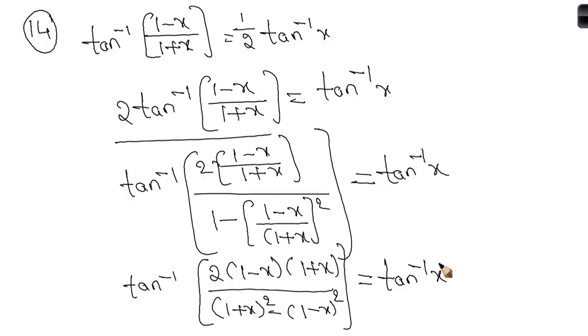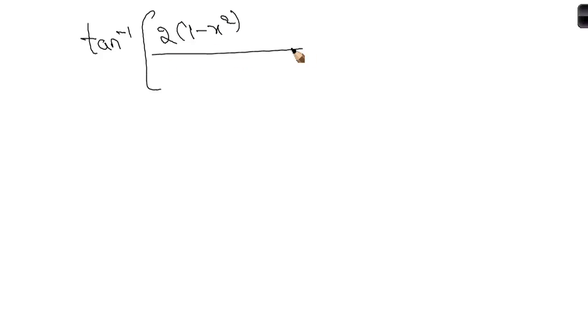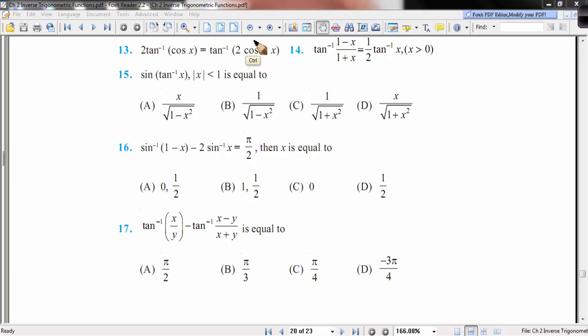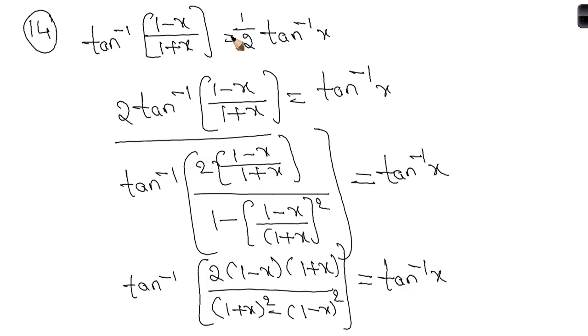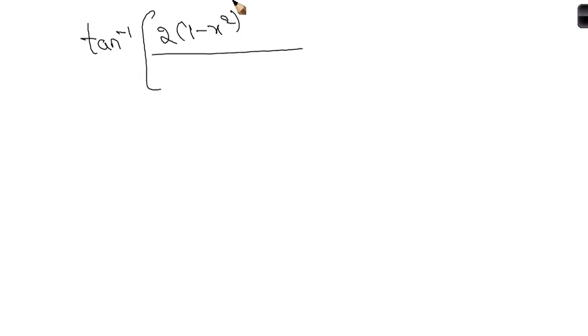So let's simplify on the next page. Tan inverse of 2 times 1 minus x square upon 1 plus x square minus 1 minus x square, which is 2x minus minus 2x, that is 4x, is equal to tan inverse of x. So equate both sides.